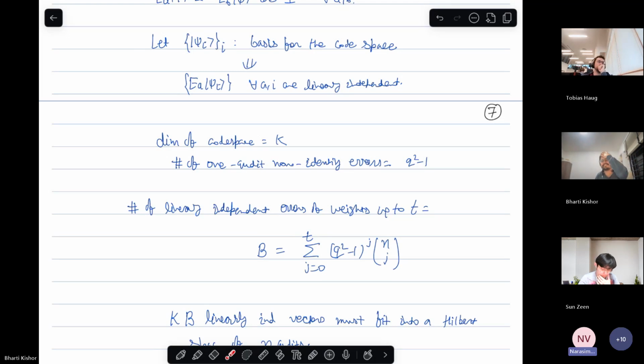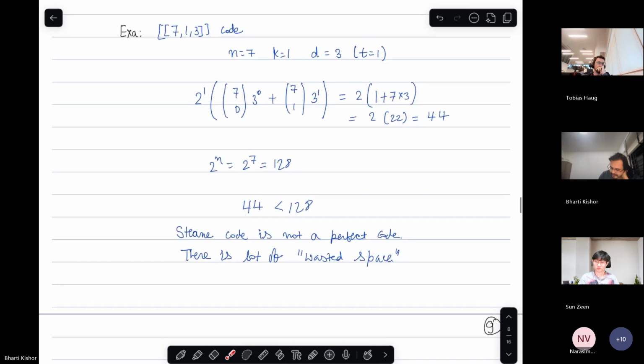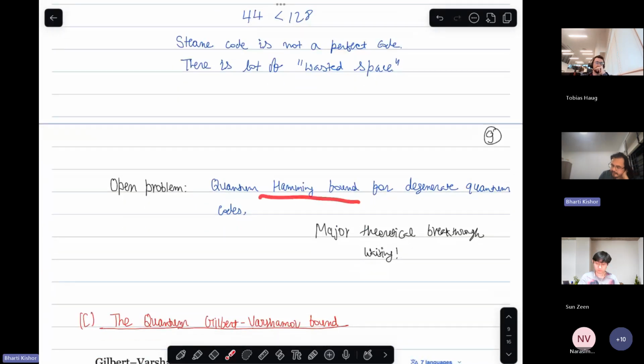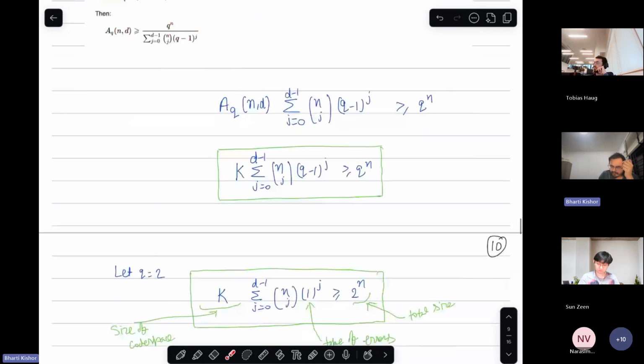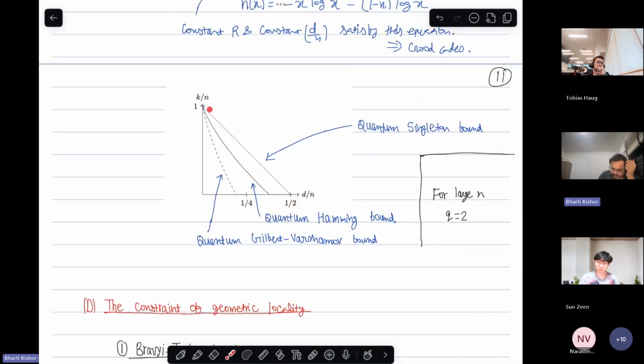When you mentioned earlier the open question, can you repeat what exactly is open? So the open question is basically the quantum Hamming bound for degenerate quantum codes. I can show you what I mean. So here is your quantum Singleton bound, and there is a quantum Hamming bound, and I think maybe you will have to make it a bit tighter or something like that.